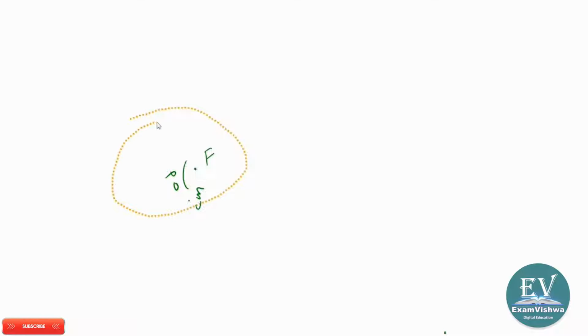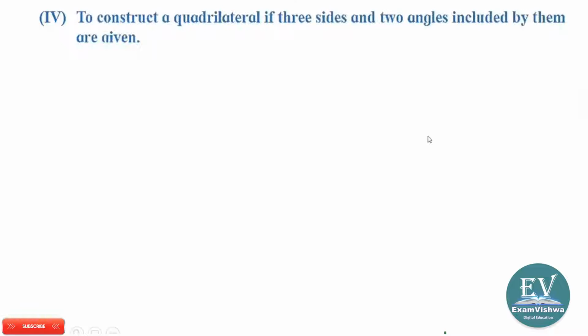Okay, we will go for another construction where three sides and two angles are given. Earlier it was three angles and two sides. Now three sides and two angles are given.